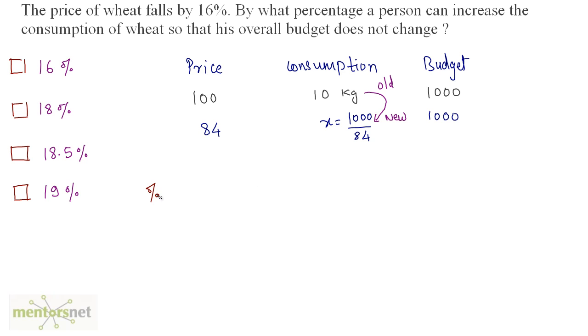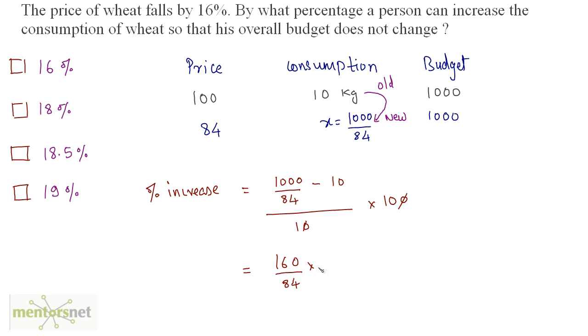So percentage increase in consumption is equal to the new value, which is 1000 by 84, minus the old value, which is 10, divided by the old value, which is again 10, times 100. The zeros get cancelled out. So what remains is 1000 minus 840, which is equal to 160 divided by 84 times 10.